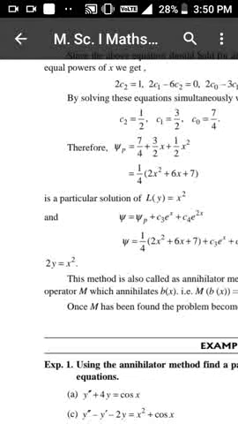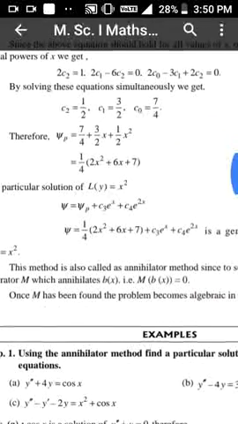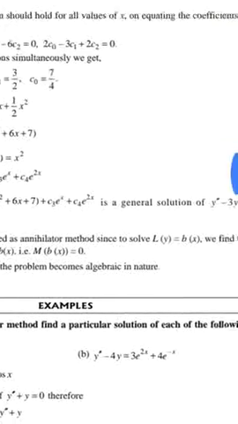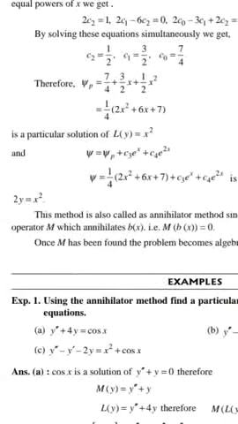And psi is equal to psi p plus c3 e raised to x plus c4 e raised to 2x. Psi is equal to 1 by 4 times 2x square plus 6x plus 7 plus c3 e raised to x plus c4 e raised to 2x is the general solution.